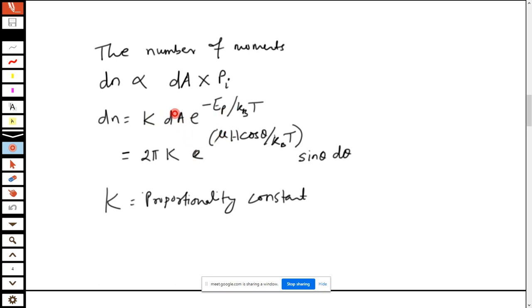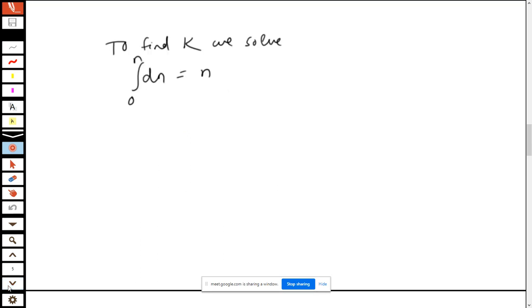If you substitute the value of dA and energy, you'll get this expression, and then the total number is obtained by integrating dn from 0 to n. That is your total number of moments per unit volume.